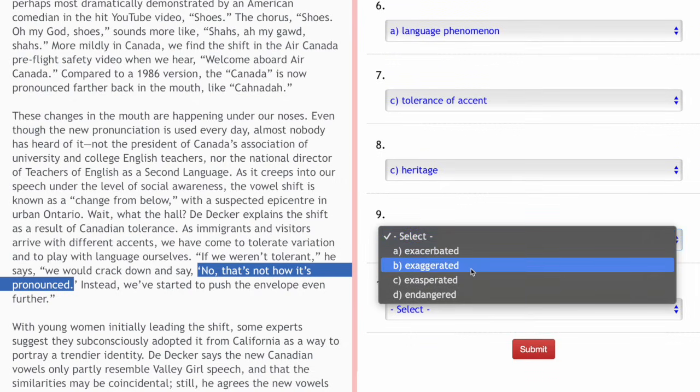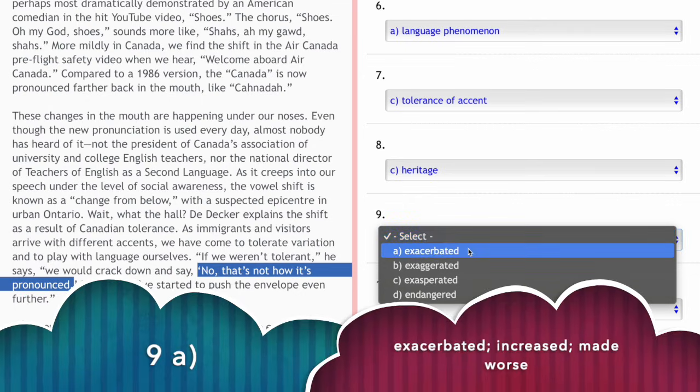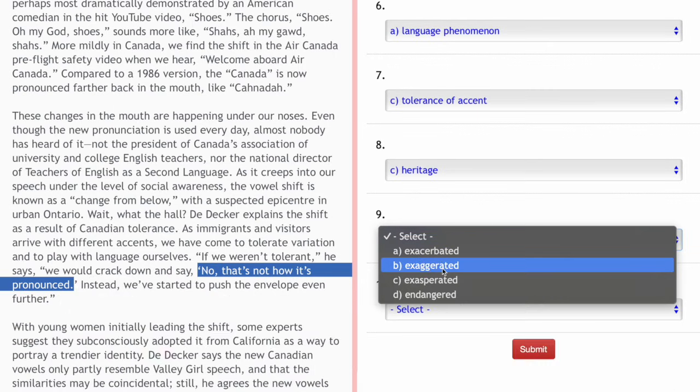Exacerbated, exaggerated, exasperated, or endangered. Well, definitely, we have vocabulary here. We want a word that means increased the problem, and that's exacerbated. Exaggerated means not seriously.